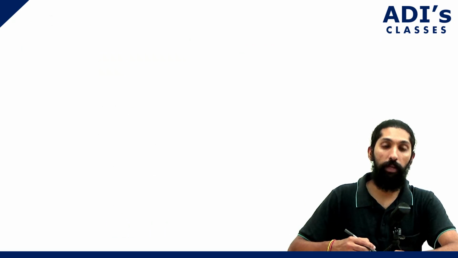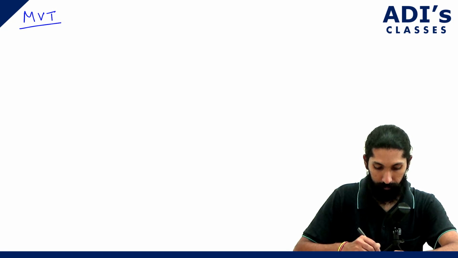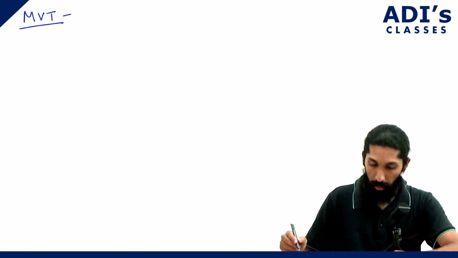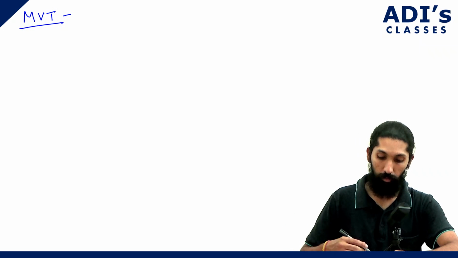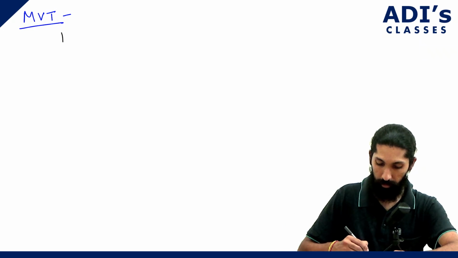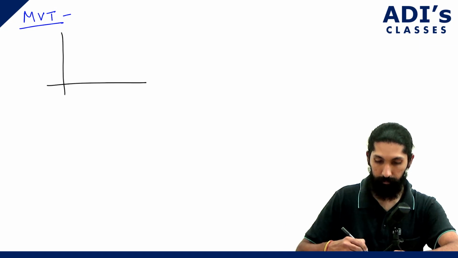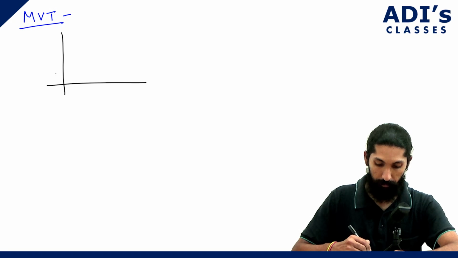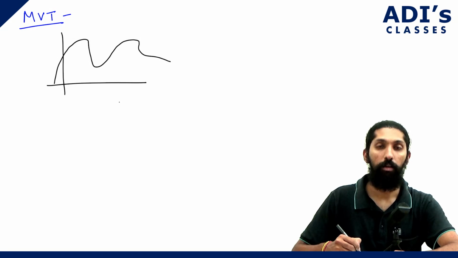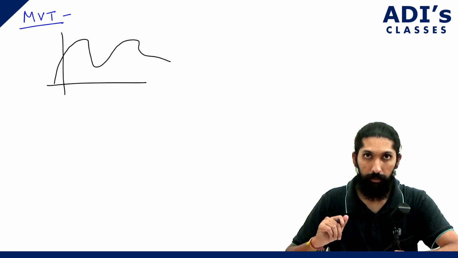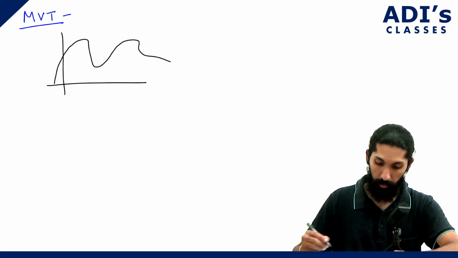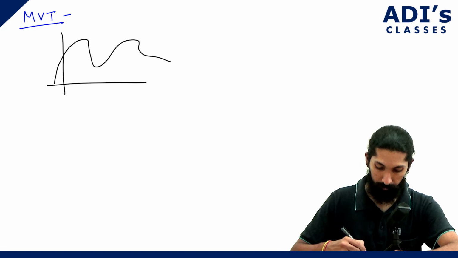Alright? Now, you have the mean value theorem. To do the mean value theorem, again take the x-axis and y-axis. Say my graph is going something like this, some random graph. Now we are going to take two points.